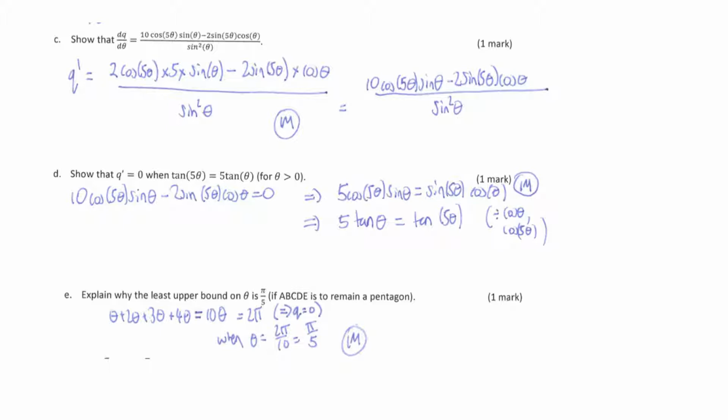And of course, if the sum of all the angles made up of the four existing triangles, the first four triangles, equals 360 or 2 pi, we're at an angle of pi on 5. So obviously that is the absolute upper bound if we're to maintain ABCDE as existing as a pentagon, a cyclic pentagon with all vertices on the circle.